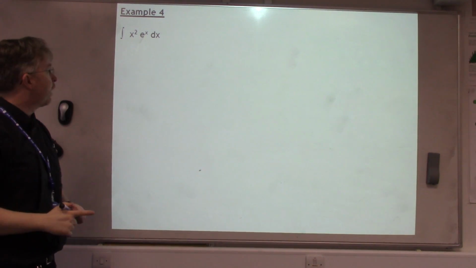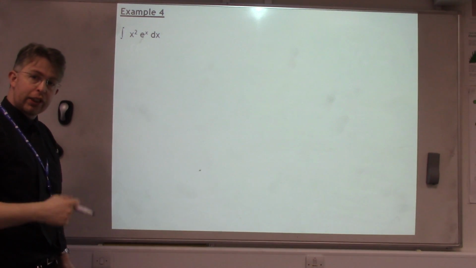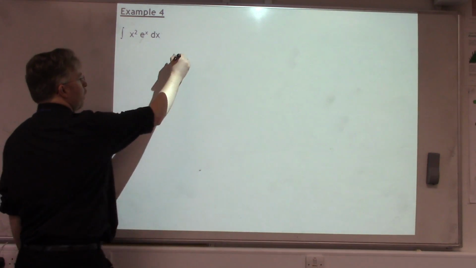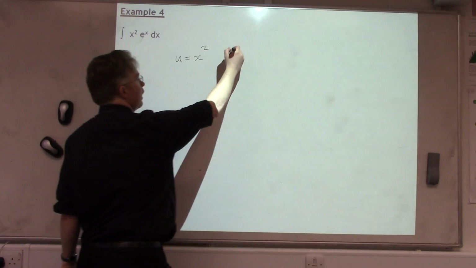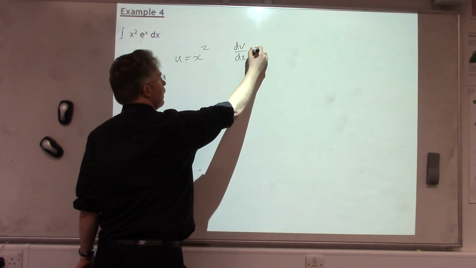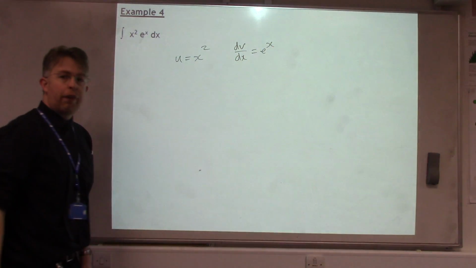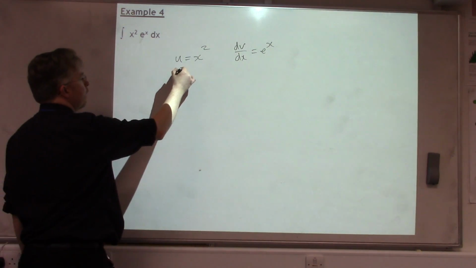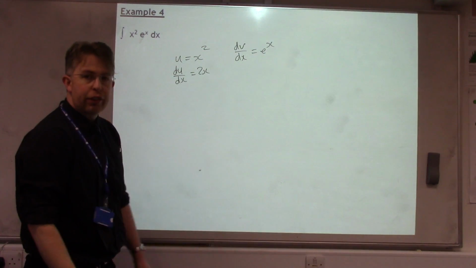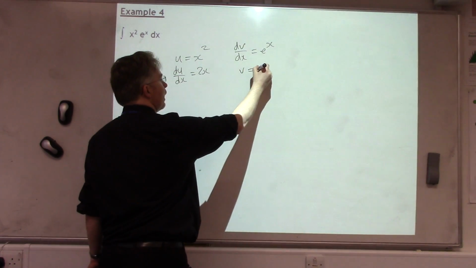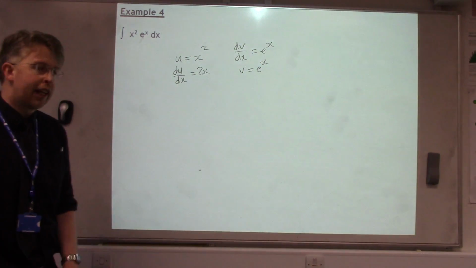Example 4, we've got x squared e to the x, so we haven't got a single x, we haven't got ln x. So u is our power of x, so x squared, and dv by dx is e to the x. Differentiate the u, du by dx equals 2x. Integrate the dv by dx, well e to the x integrates to itself, so we get e to the x.